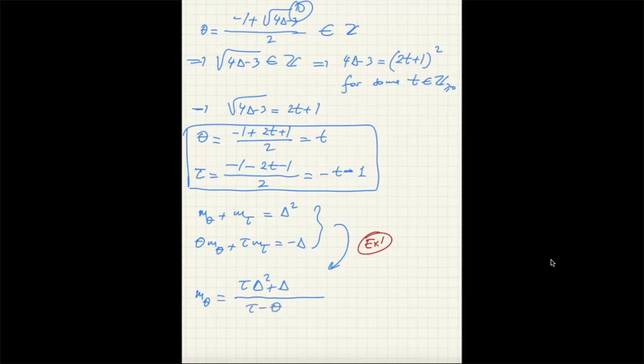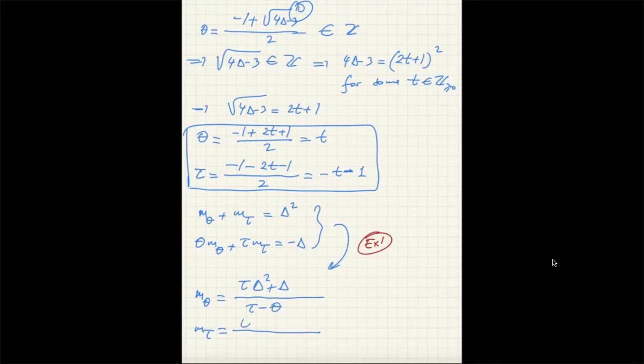You just multiply the first equation by tau, and you subtract them. And then if you want to get m tau, you multiply the first equation by theta, and you subtract them.